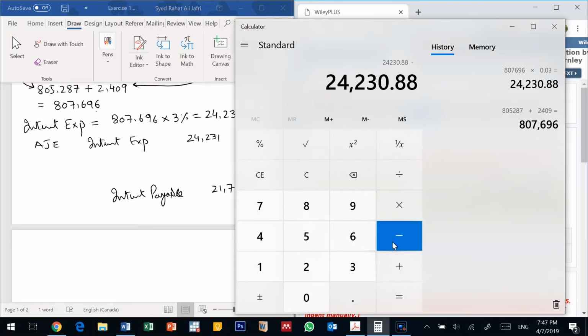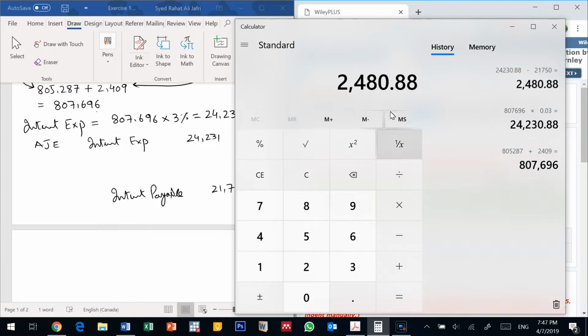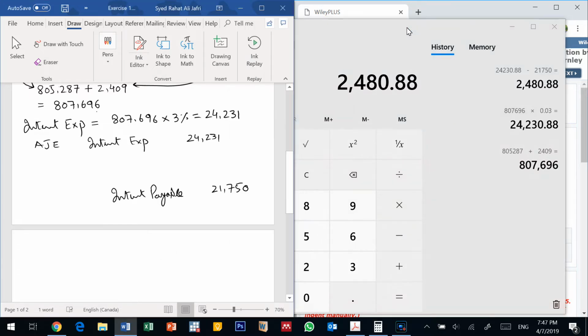And the difference between these two numbers is our amortization, 2,481. So 2,481 is bonds payable. So that's our adjusting journal entry.